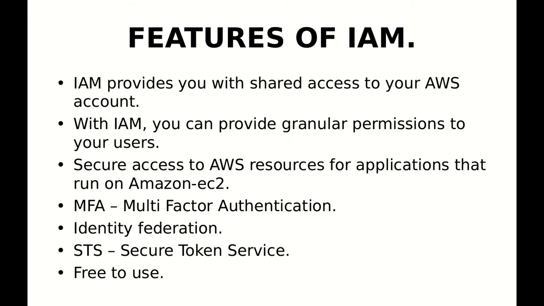I can add other people as users in my account, and I can share my account with other people. So IAM helps you to provide shared access to your AWS account, and with IAM you can provide granular permissions to your users, secure access to AWS resources for applications that run on Amazon EC2, and you have multi-factor authentication, which we have already seen.